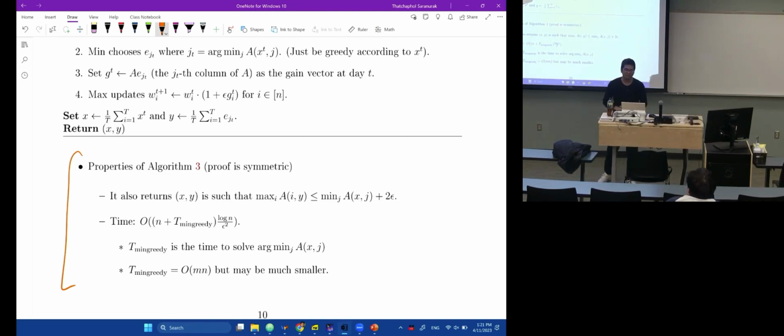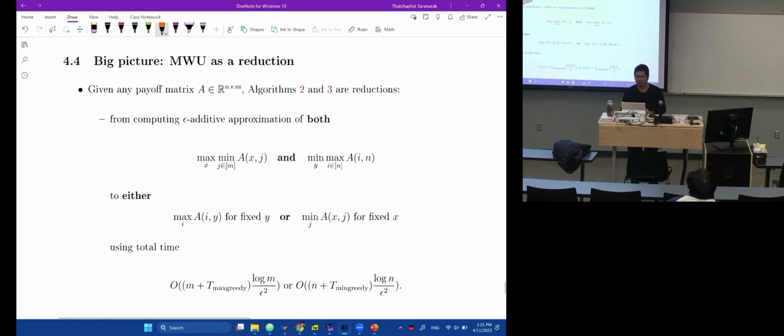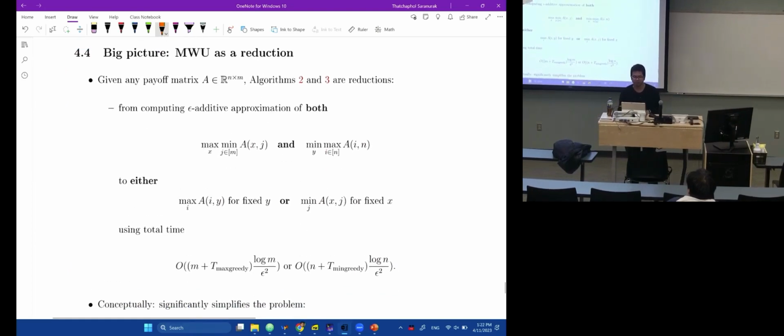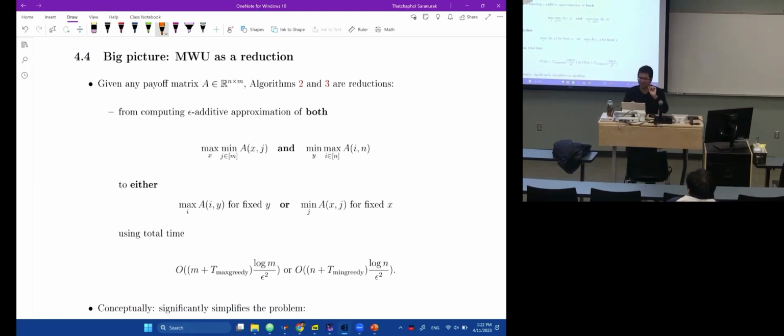Okay. So today we saw how to solve the Minimax Theorem. Let me recap in one minute. Given any payoff matrix for the game, these two algorithms, greedy and weight update, can be viewed as a reduction.